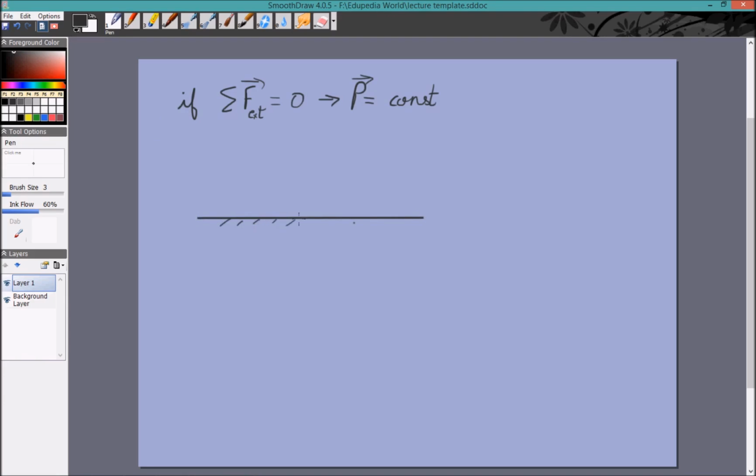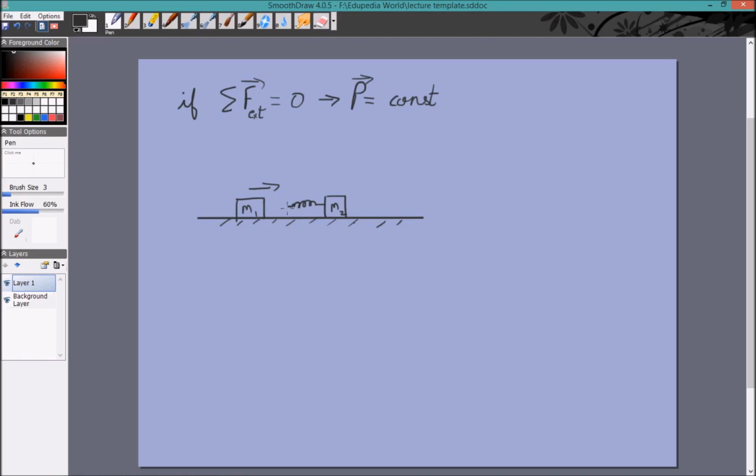Let's assume I have a completely smooth, frictionless floor, and two objects, mass m1 and mass m2. m1 is moving towards m2, and m2 has a spring attached to it. While m1 is moving towards m2, eventually it's going to touch the spring.